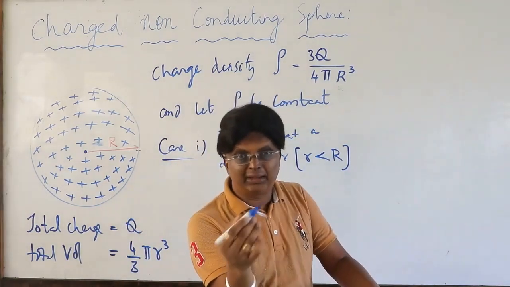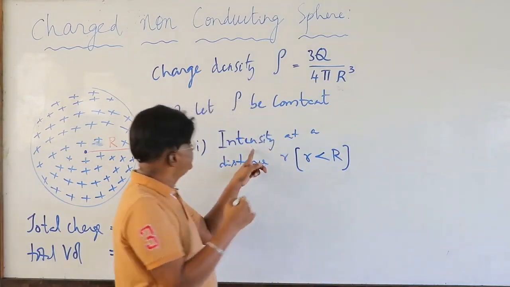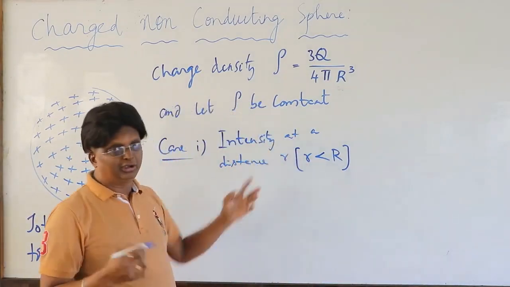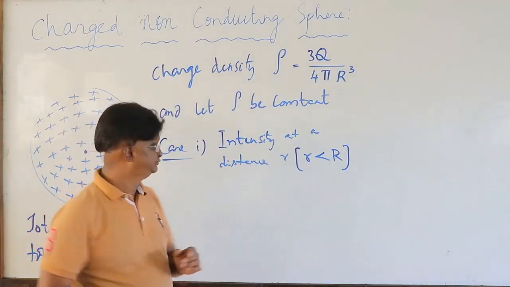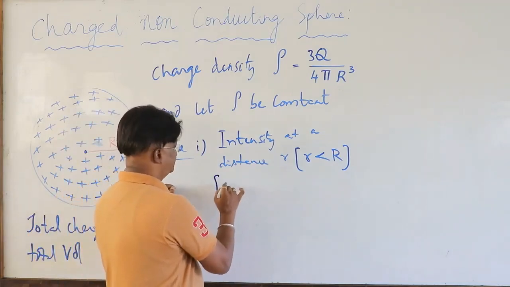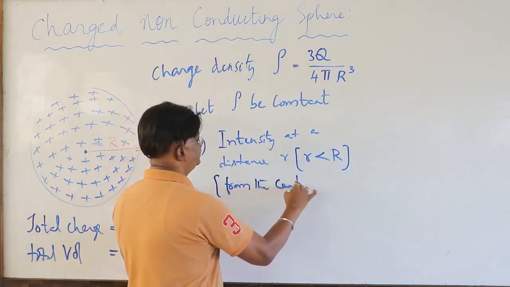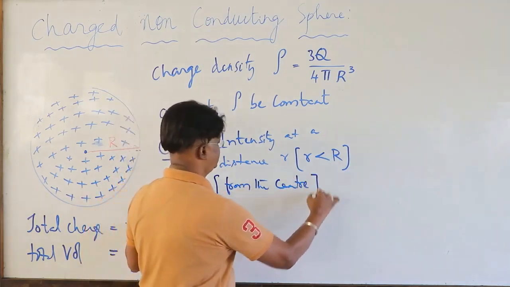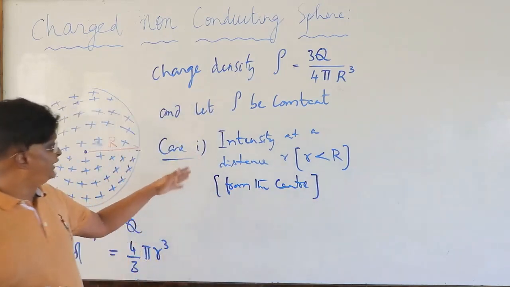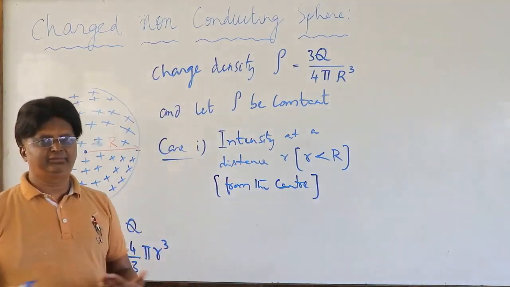Small r greater than capital R, it becomes an outside point. Now, intensity at a distance small r, of course this r is from the center of this spherical distribution. Intensity finding, again the same case of Gaussian surface and everything.